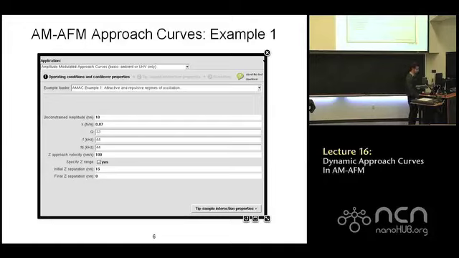But here, again like in the static force distance curves tool, we're specifying the Z range and initial and final Z separations.